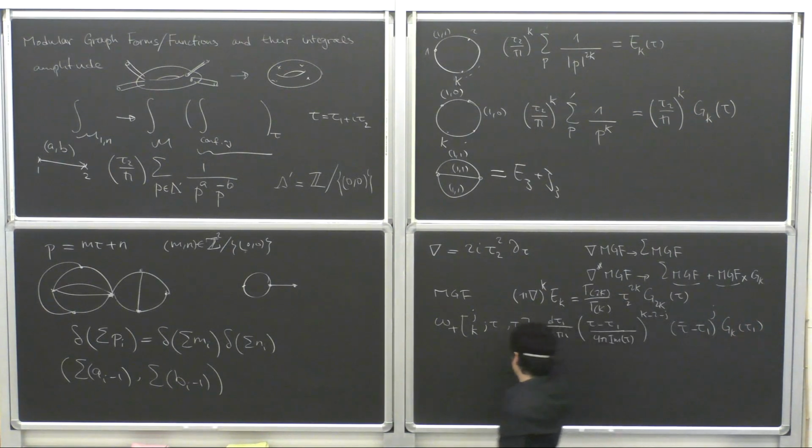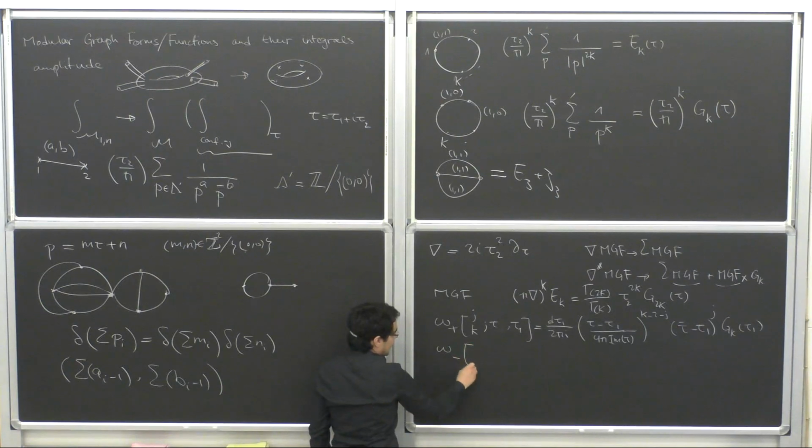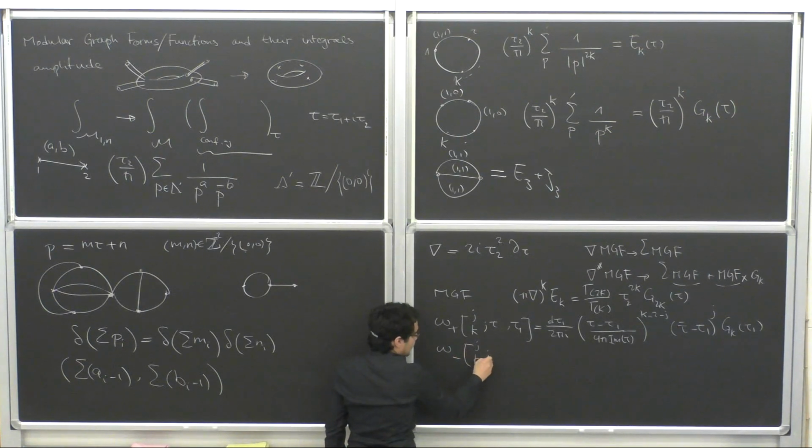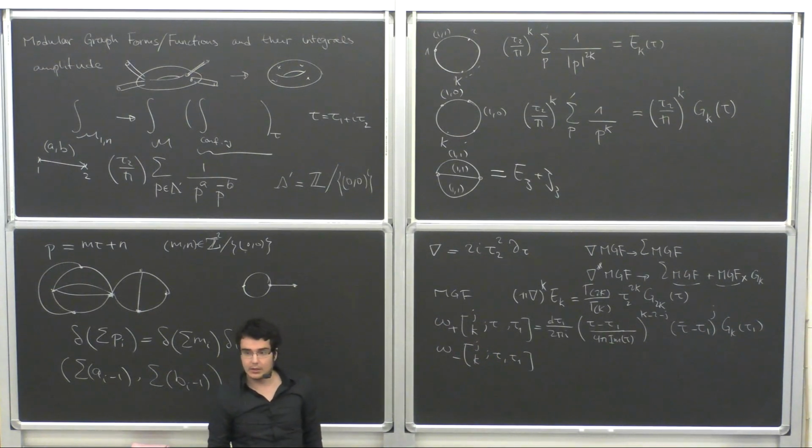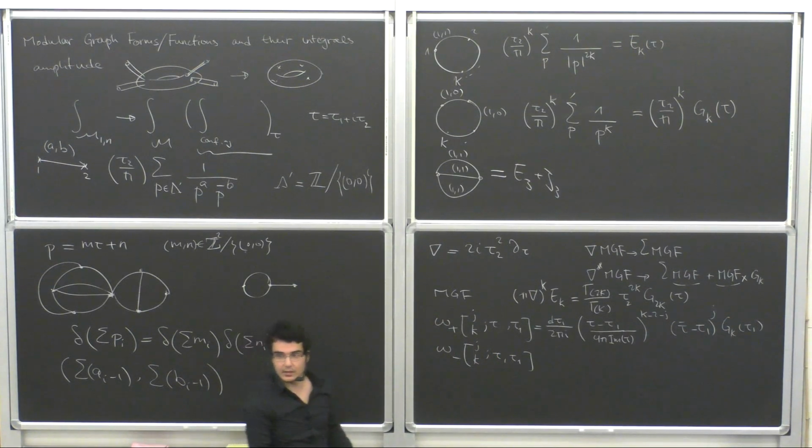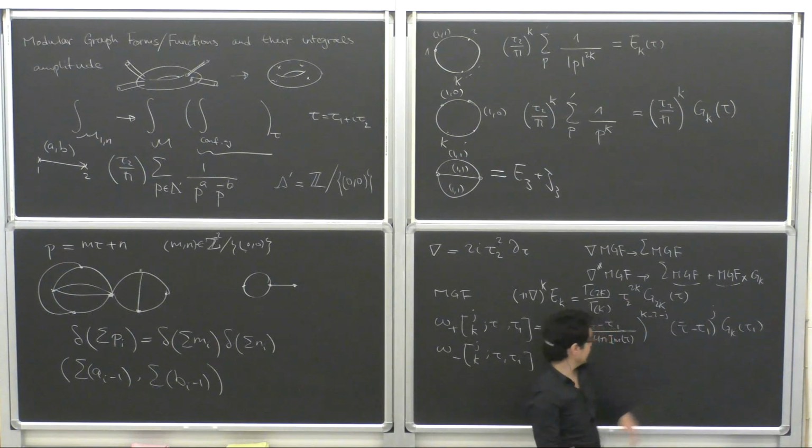And similarly, I define something called omega minus, which uses the anti-holomorphic Eisenstein, the complex conjugate of this.